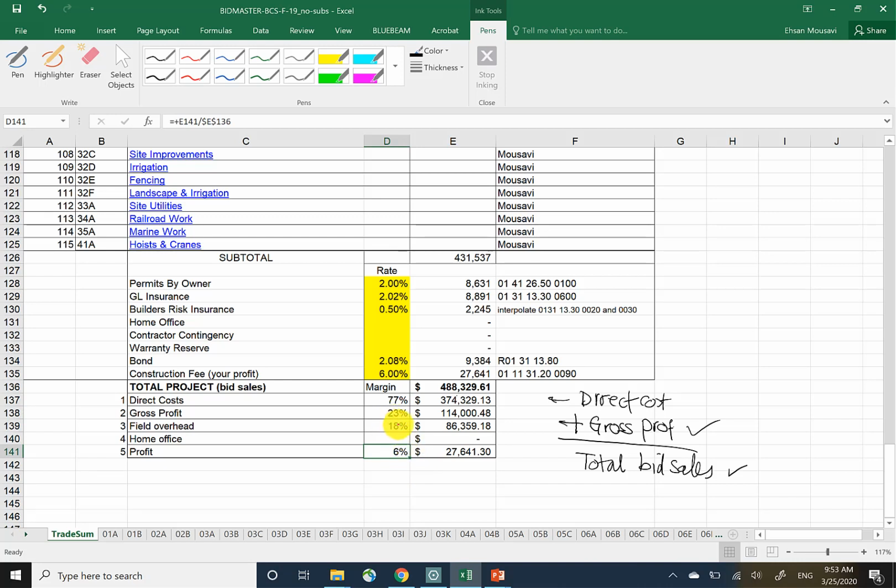If I say, what's your direct or gross profit margin, you say 23%. And if I say, what's your markup, you have a way to tell me what that markup is, correct? You would say markup is the ratio between indirect and direct costs, so 30%, right?